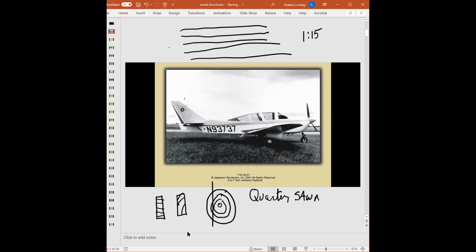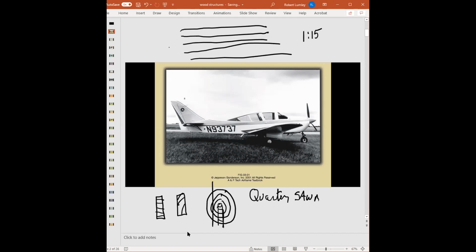If you go to Home Depot or Lowe's and pick up a 2x4, the majority of the time you're going to find the wood looking like this. You may get lucky and find a board like this. They get this by what's called quarter sawn. If they cut the board here, you can see that the grain is going in the proper direction.